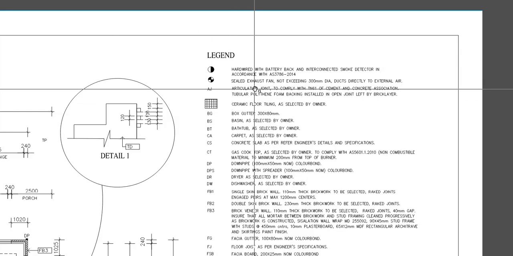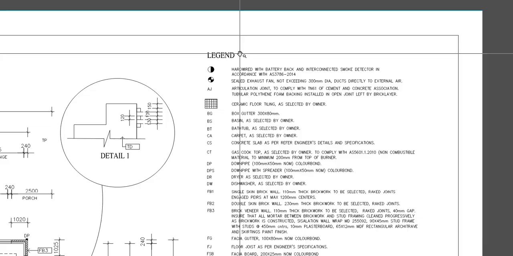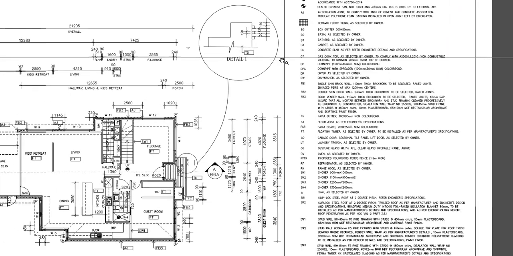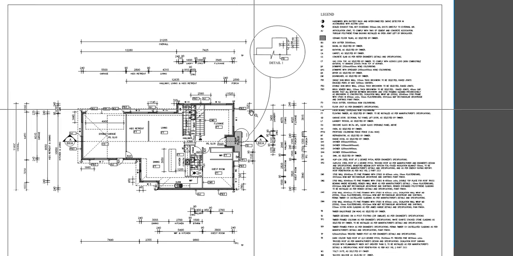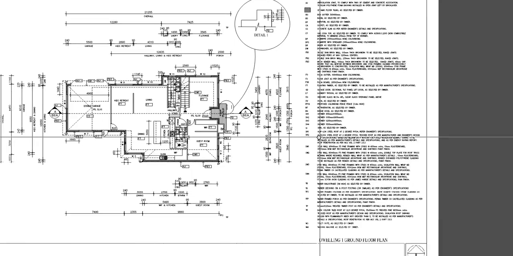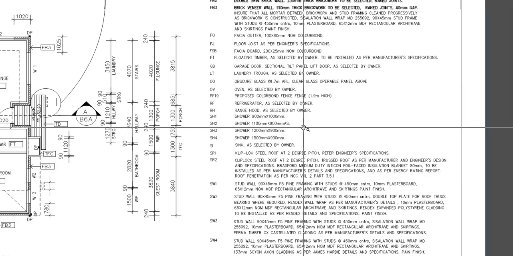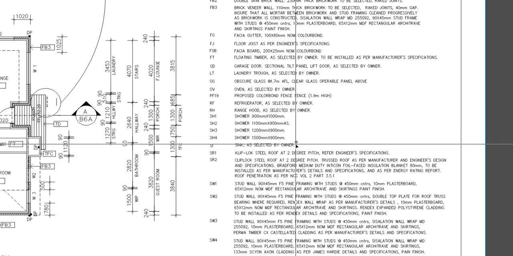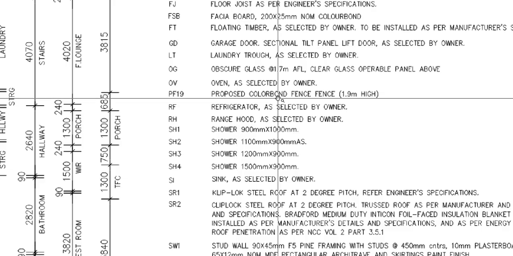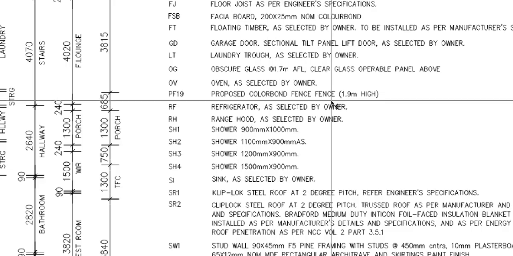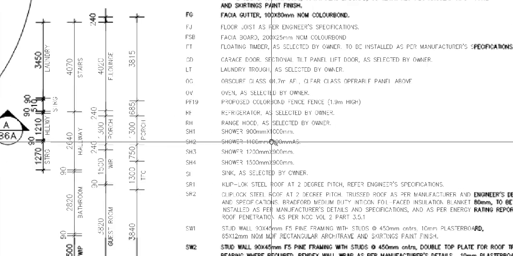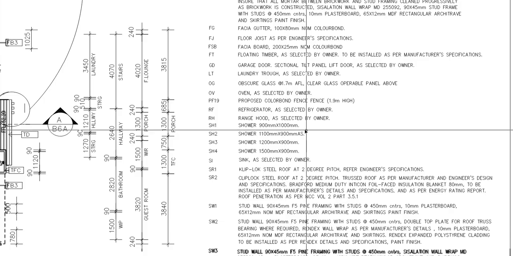Actually, this legend is present in the drawing. In each and every drawing in Australia, there are a lot of legends. Sometimes the whole legend is present with the colors, like proposed Colorbond fence 1.9 meter high, shower, each and everything, sizes and all.